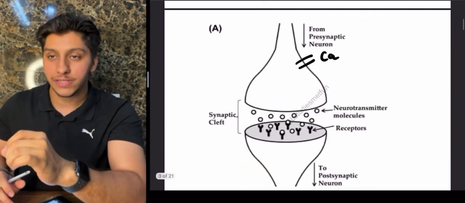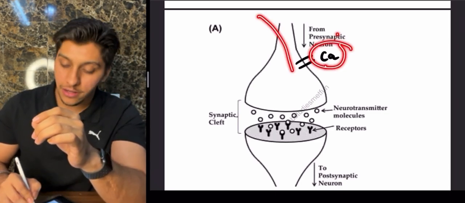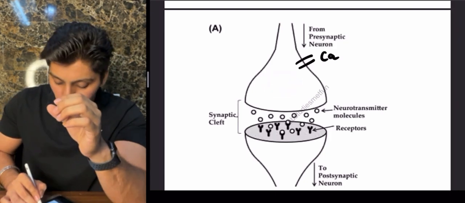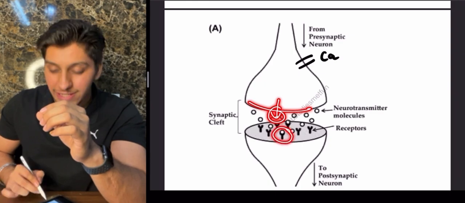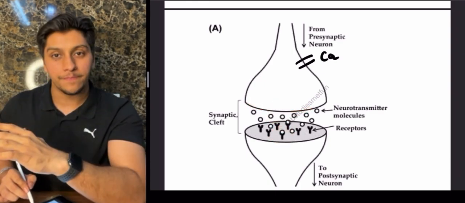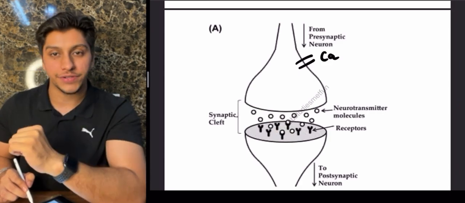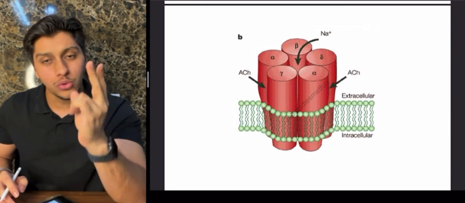Whenever you'll have an impulse, this impulse will activate the calcium channel and this calcium channel will push the acetylcholine which is within the pouch into the cleft, and from the cleft it goes and binds to the receptors in the postsynaptic area. In the postsynaptic area, the acetylcholine receptors are pentameric in nature, in which you will have alpha, beta, gamma and delta, in which there are 2 alphas.